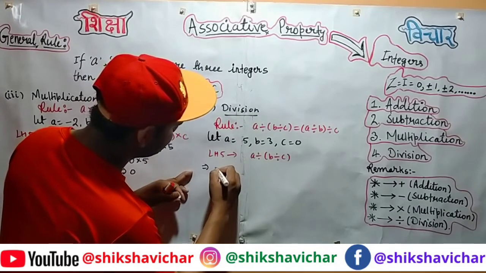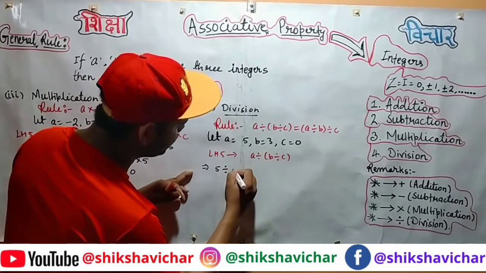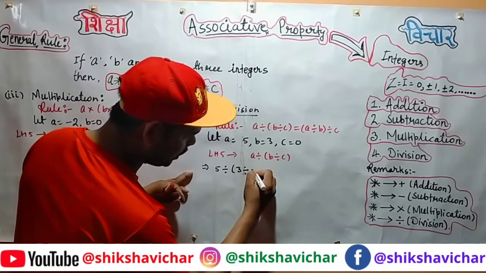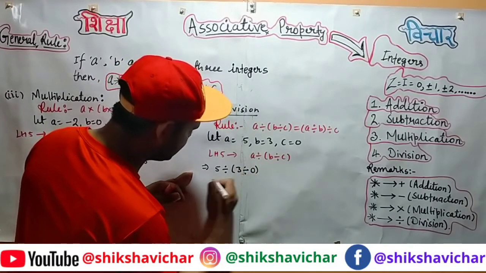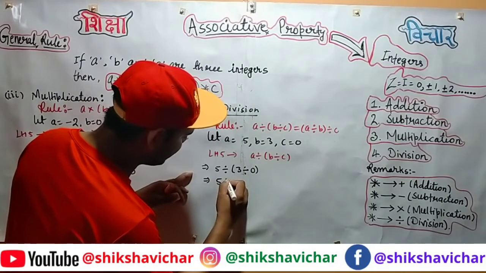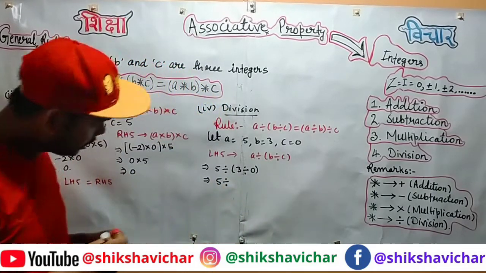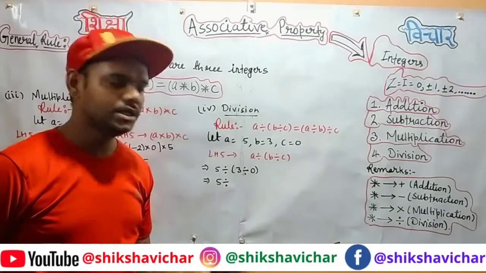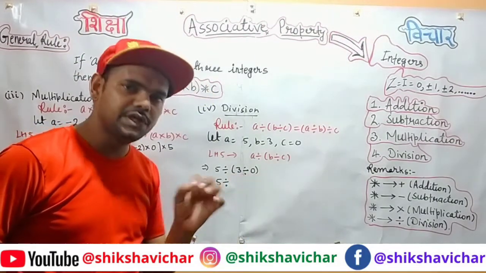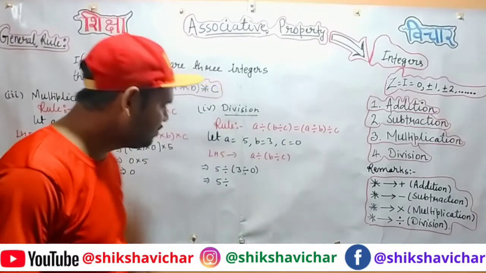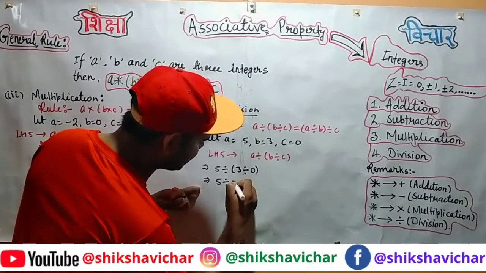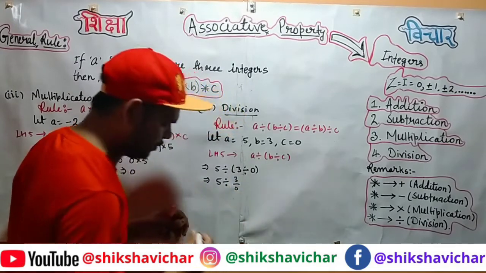That is 5 divided by B, that is 3 divided by 0, and this implies 5 divided by something. See, 3 is divided by 0 and we all know that division by 0 is not defined. That means this is not defined, or we can say 3 upon 0.